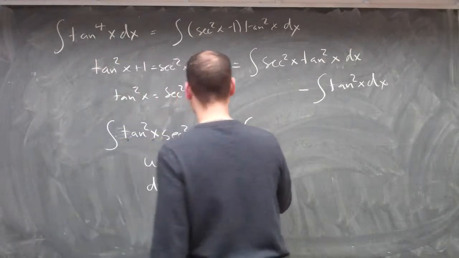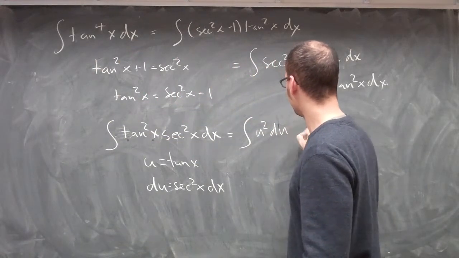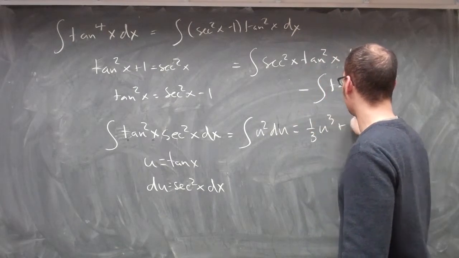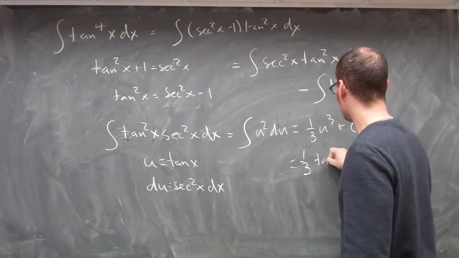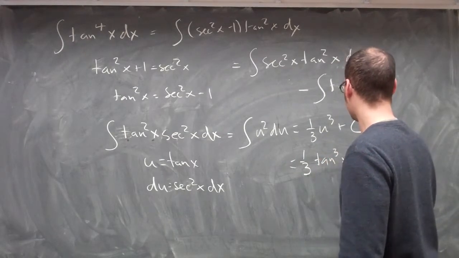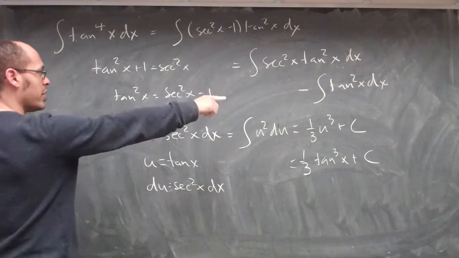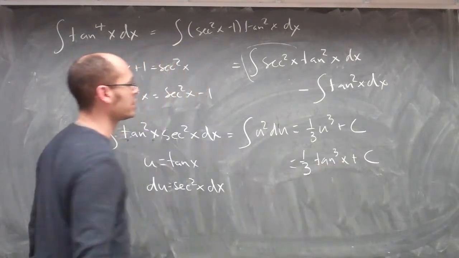And we're just off and running because we've got u squared du. And that gives us 1/3 u cubed plus c. So u is the tangent, and this first part we've identified as 1/3 tan cubed x.